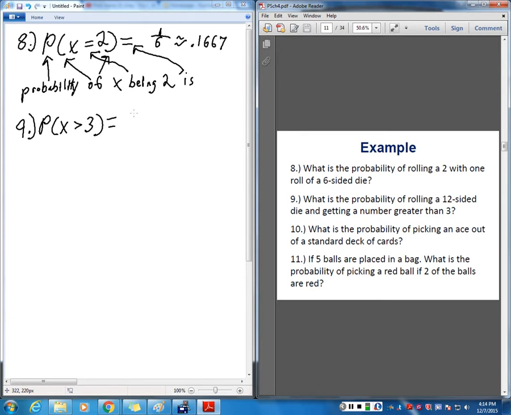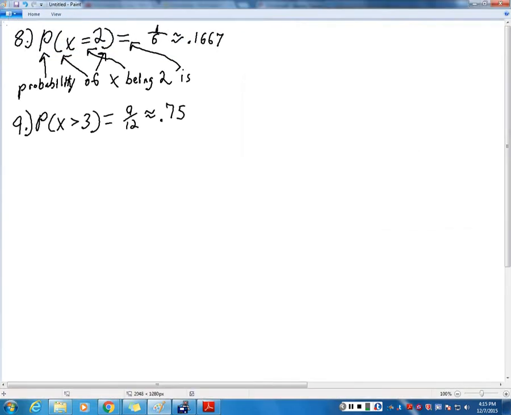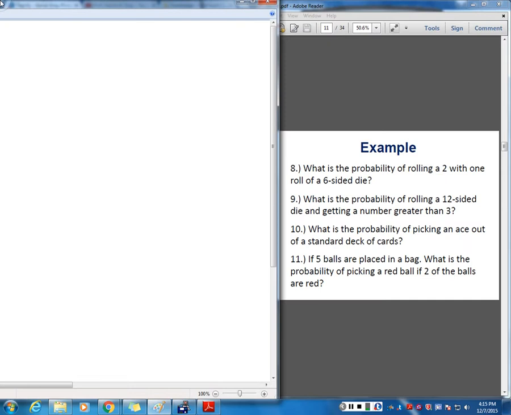So 9 sides out of 12 are greater than 3. As a decimal, that's going to be 0.75. And I actually don't need the approximately equal to for those. I'll use the strictly equal to, which is more accurate.